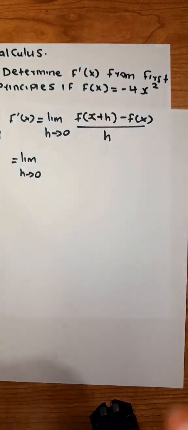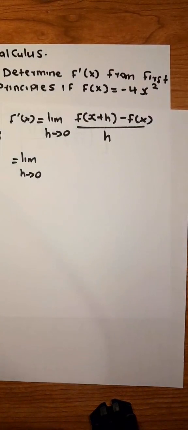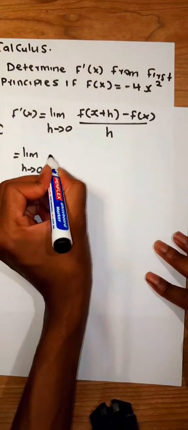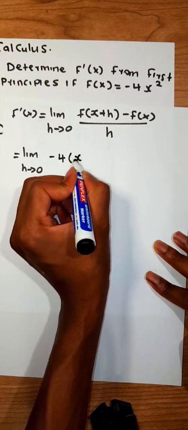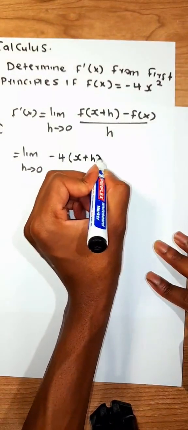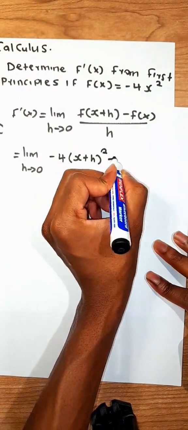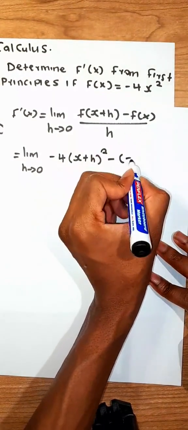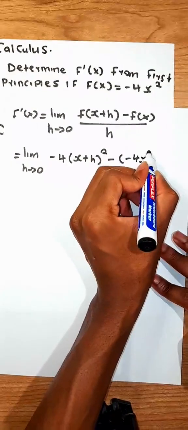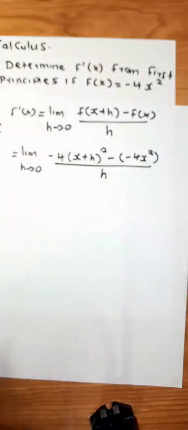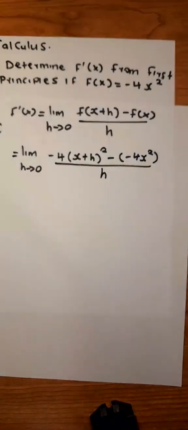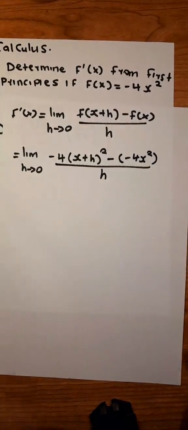So I'm just going to have minus 4, wherever there's x, I substitute x plus h, squared, minus f of x, which is minus 4x squared, and then I divide this by h.